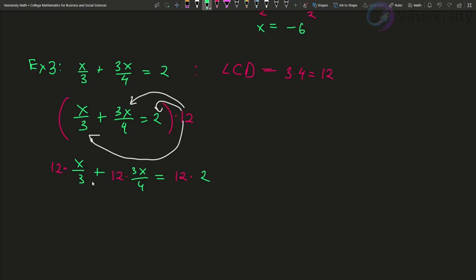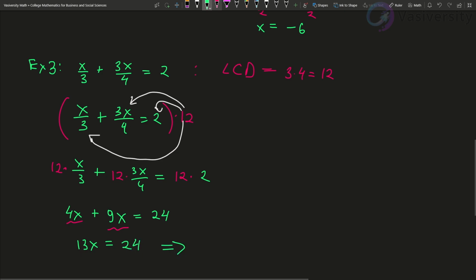Perfect. So now we can simplify. We know that 12 divided by 3, that's going to be 4x, plus 12 times 3, that's 36, divided by 4, that is 9x, is equal to 12 times 2, that is 24. Okay, now we can combine like terms. So we have 4x plus 9x, which will become 13x, which is going to be equal to 24.